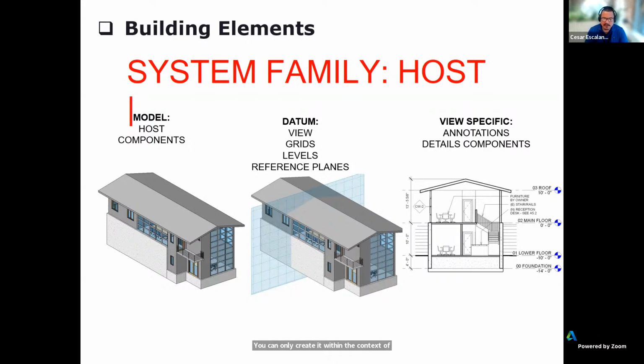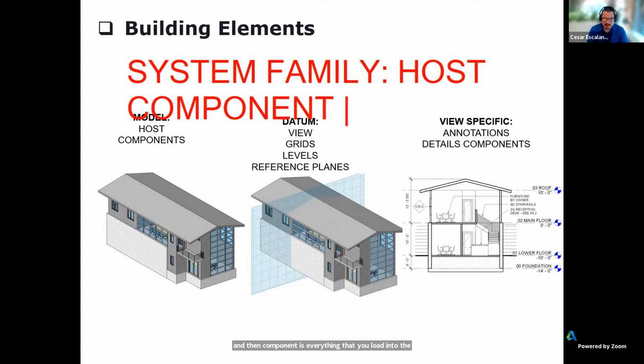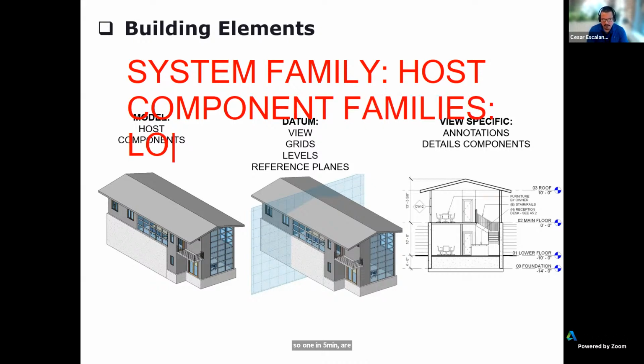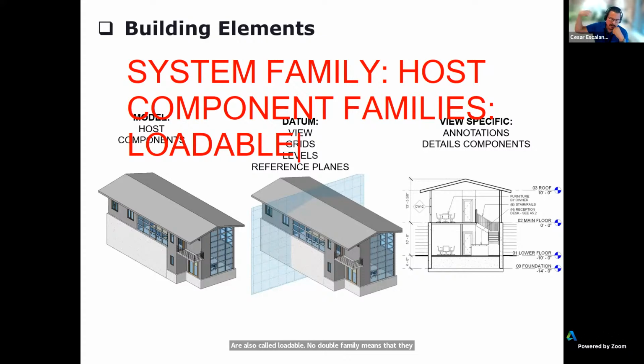And then component is everything that you load into the project as an external file. So component families are also called loadable. Loadable family means that they live in a library, in a repository on your server or on the cloud.